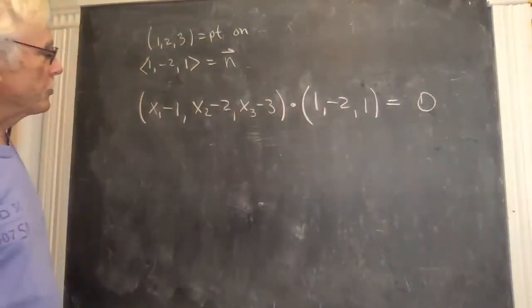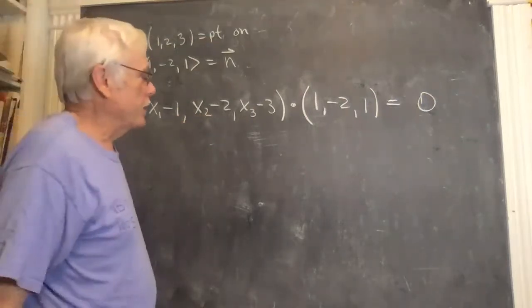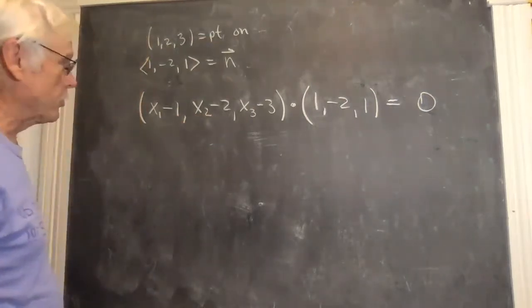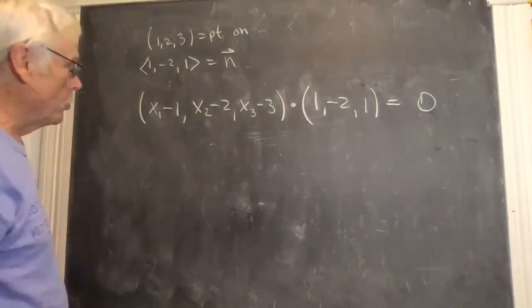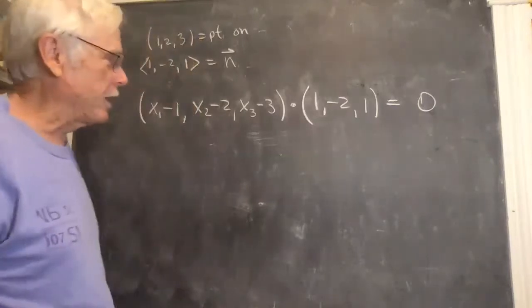So that is the point normal form of the equation. It is a vector equation. No parameters involved, so this is not a parametric equation. We're going to ask about that later.